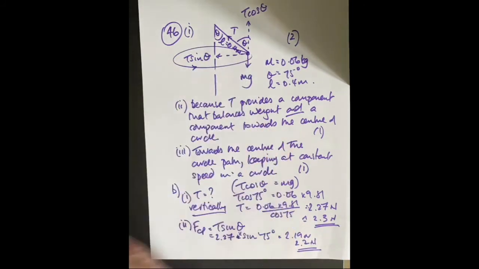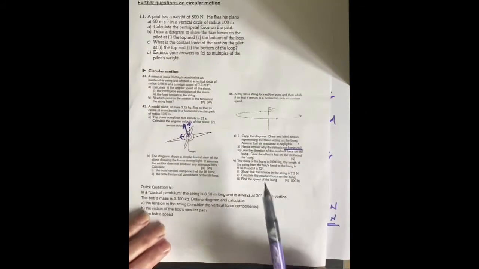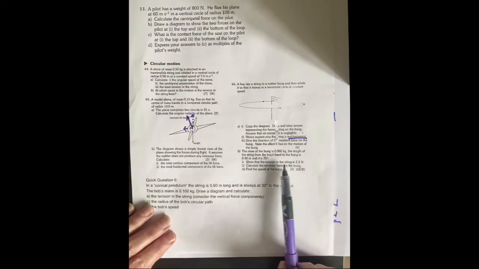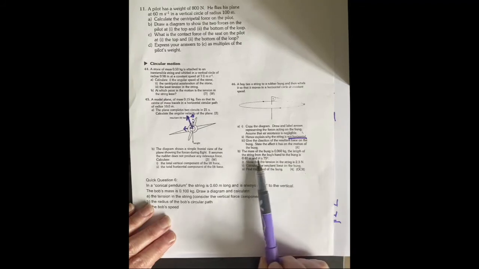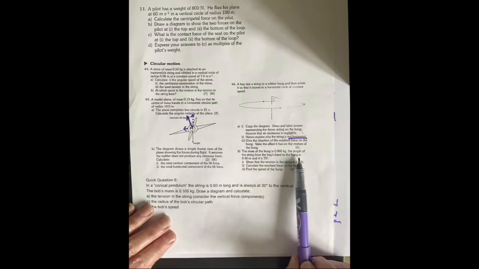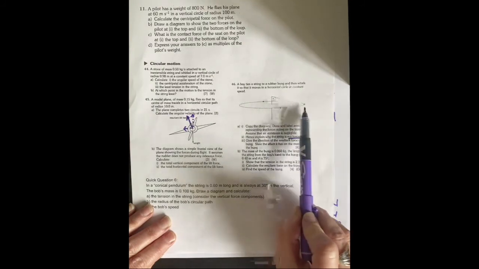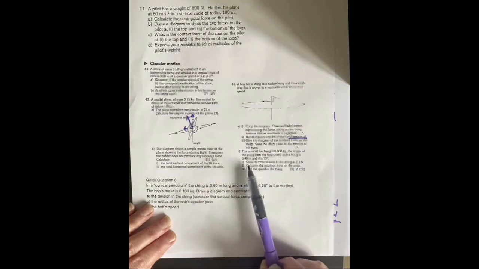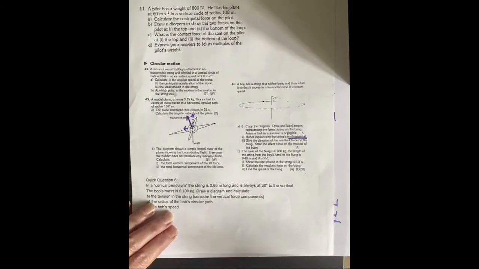Oh, hang on. Let's read what it says. The length of the string from the boy's hand to the bung. This is the boy's hand. This is the bung. Is 0.40. So we don't need 0.40.